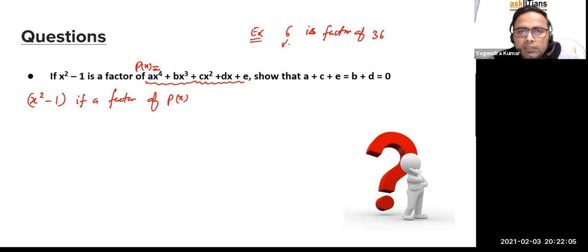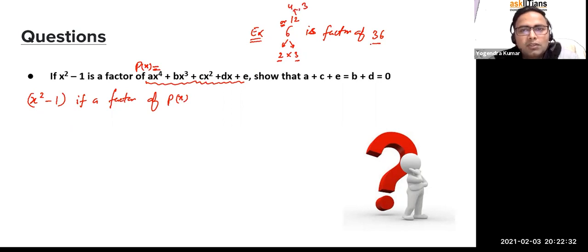Now if I factorize 6, 2 and 3, is 2 a factor of 36 or not? Yes. Is 3 a factor of 36 or not? Yes, right? This is always true. I can say this also: 12 is a factor of 36. Yes, 12 times 3 is 36, right? Now what are the factors of 12? 4 and 3.